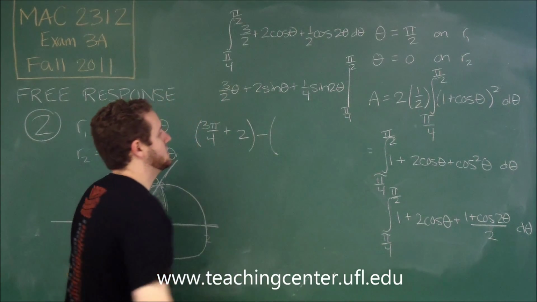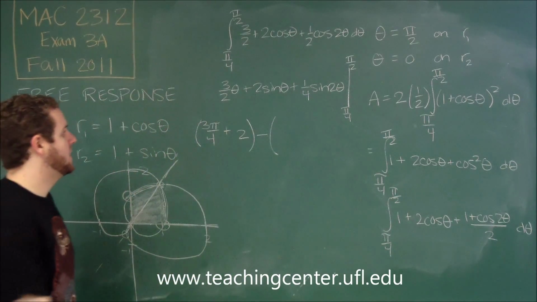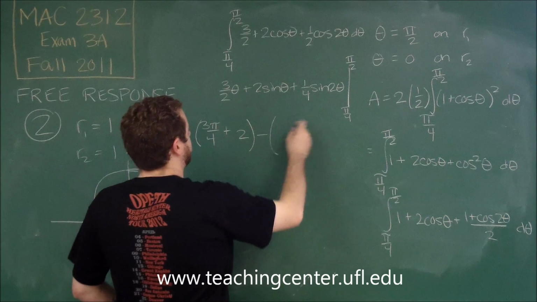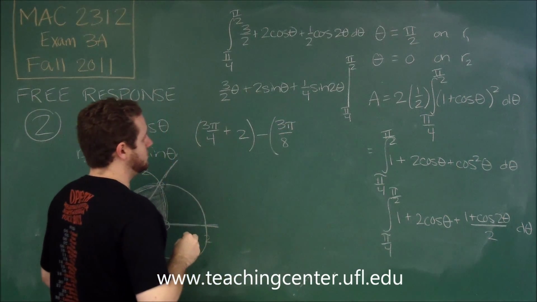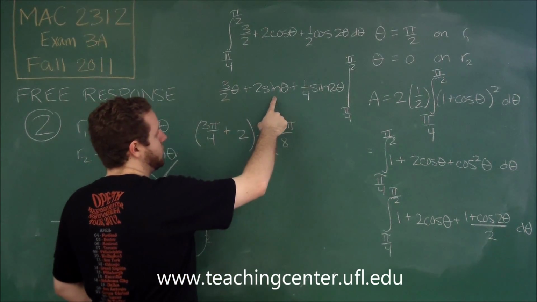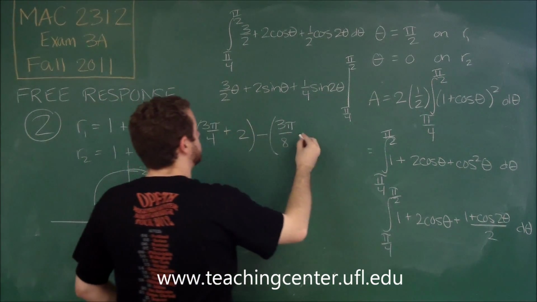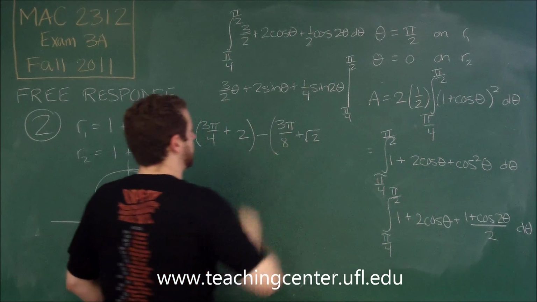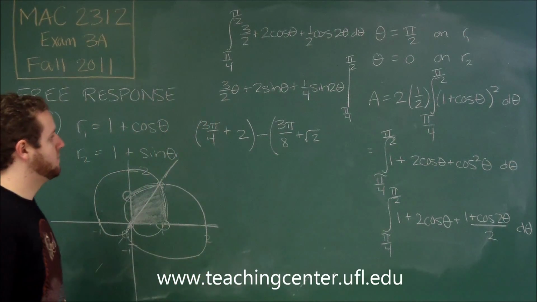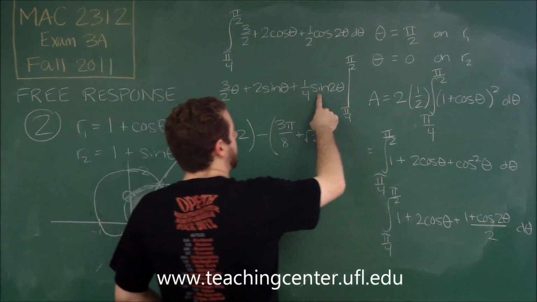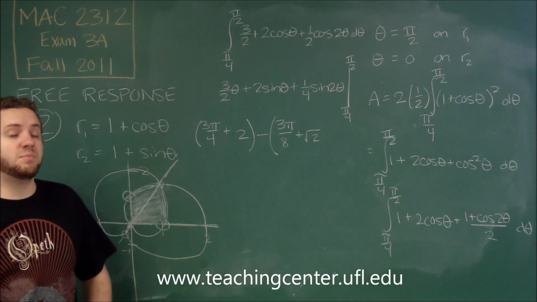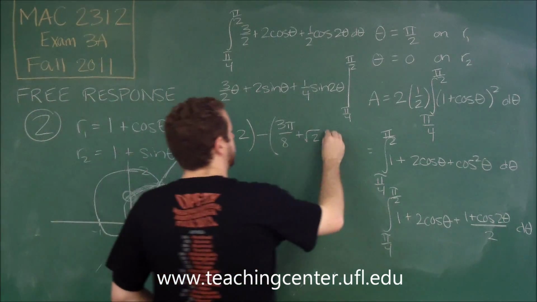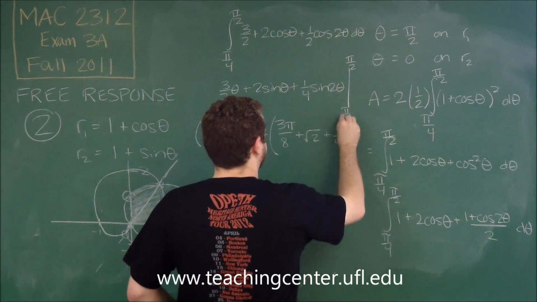So now we need to subtract when we plug in pi over 4. 3/2 times pi over 4 would be 3 pi over 8. Sine of pi over 4 is root 2 over 2, times 2 would just give you square root of 2. And sine of 2 theta, 2 times pi over 4 is pi over 2. Sine of pi over 2 is 1, so we just get plus 1/4.